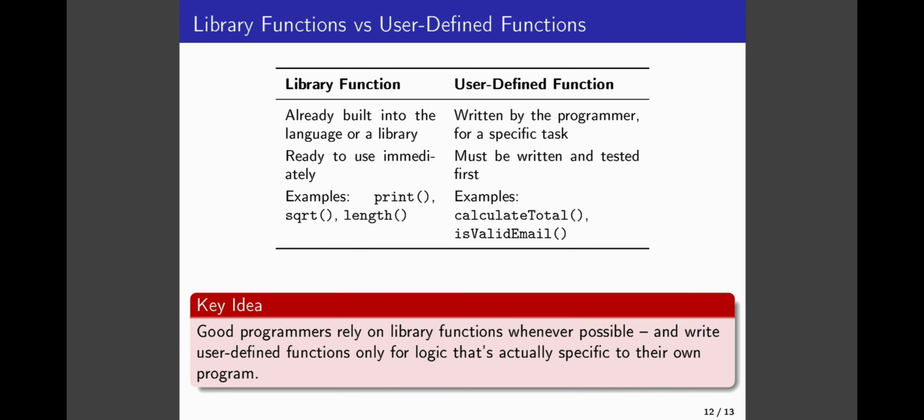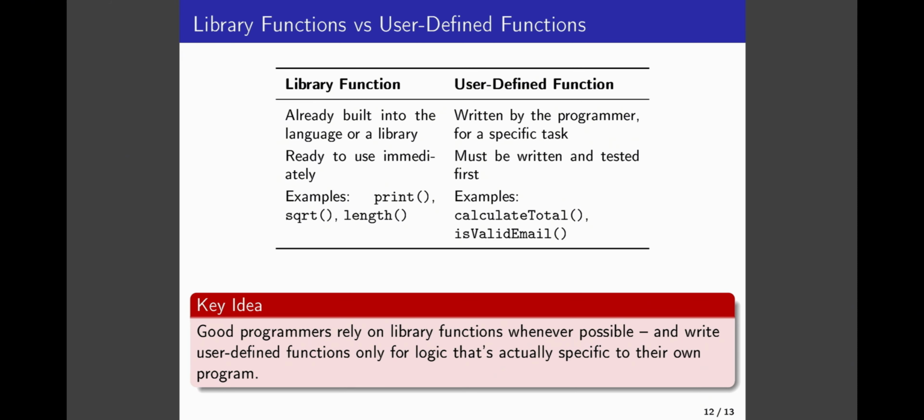Then we have the last concept of this module: library functions and user-defined functions. On one side, we have library functions. These are already built into the language or a library and they are ready to use immediately. Common examples include print, sqrt, and length, and many more. On the other side, we have user-defined functions. These are written by the programmer for a specific task, and they must be written and tested first before they are ready to use.